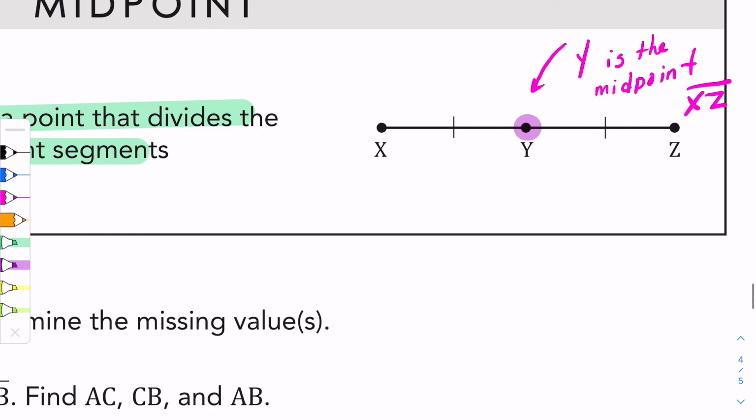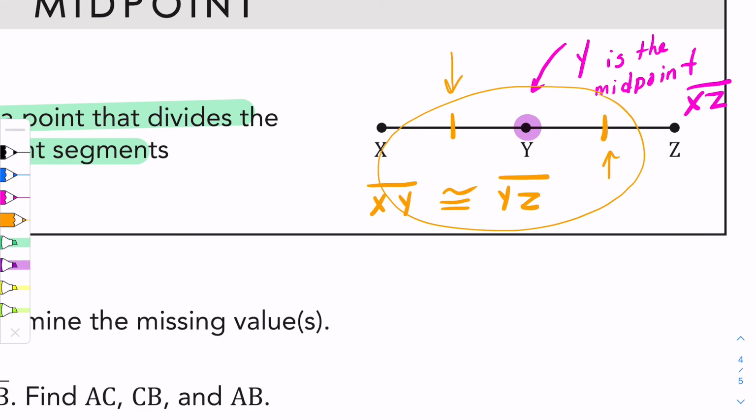So I could say that segment XY, that would be this segment here, is congruent to this segment because the midpoint creates two equal segments every time. You don't have to see these symbols. If something is identified as a midpoint, the rest of this is automatically assumed.